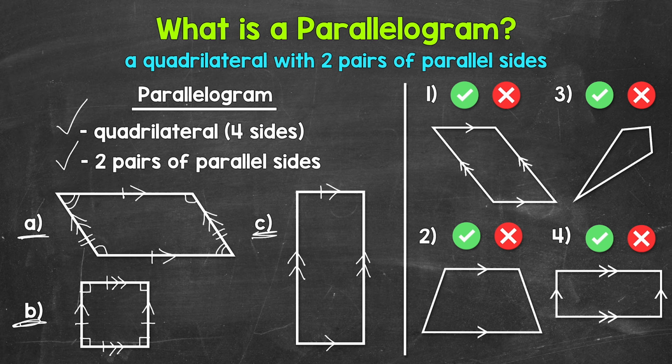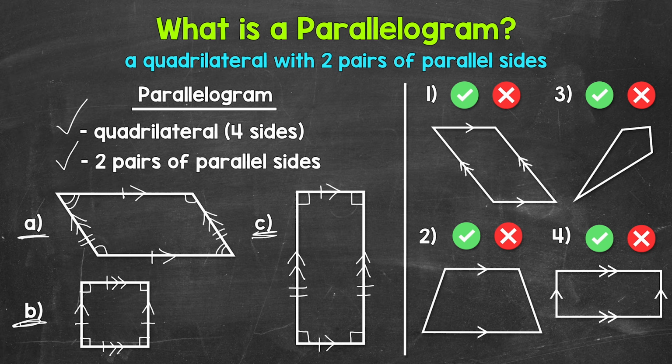So we'll do one tick mark on these sides to show that they are equal in length, and then two tick marks on these sides to show that they are equal in length. And then all angles are 90 degrees for a rectangle, so opposite angles are equal in measure.